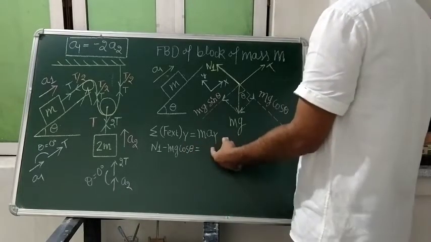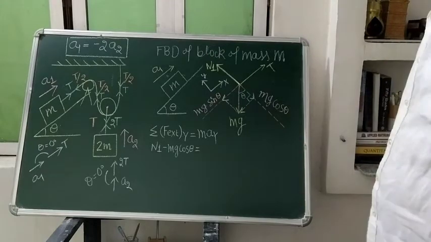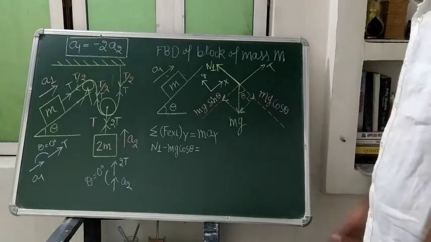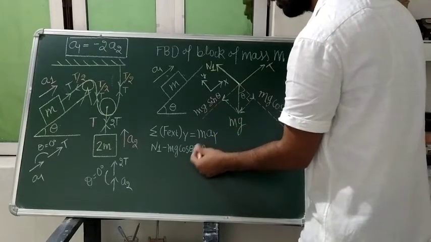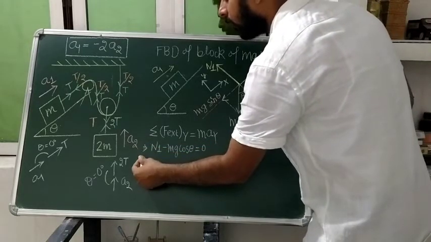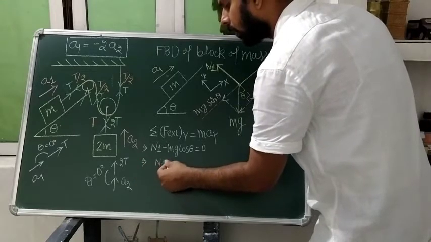M times the acceleration in y direction. And is there any acceleration in y direction, student? No. Acceleration in y direction is not present. So this side will become equal to 0. And from here, what will we get? That our n1 will be mg cos theta.